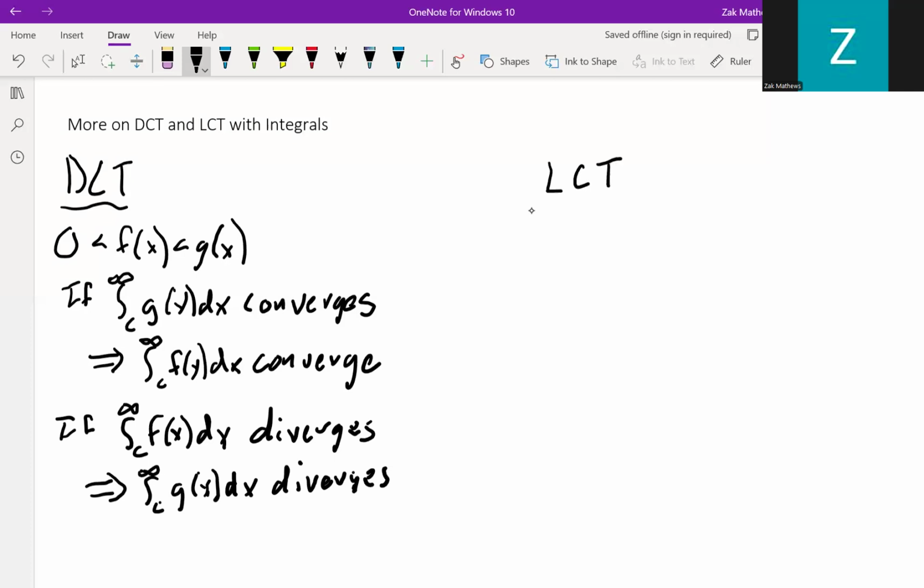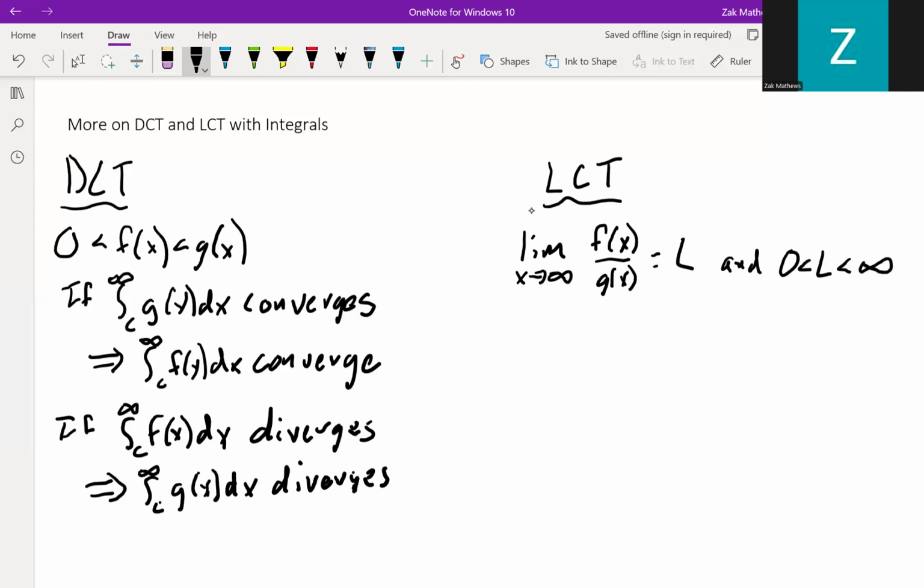Limit comparison test works a little bit differently. It doesn't care about the direct comparisons of how f and g look to one another. What it looks at is the limit of the two. So we take the limit as x goes to infinity, and it does not matter which one we put on top. We just want the limit of the ratio of the two. That equals L, and L is between 0 and infinity, non-inclusive, meaning we can't equal 0, we can't equal infinity.